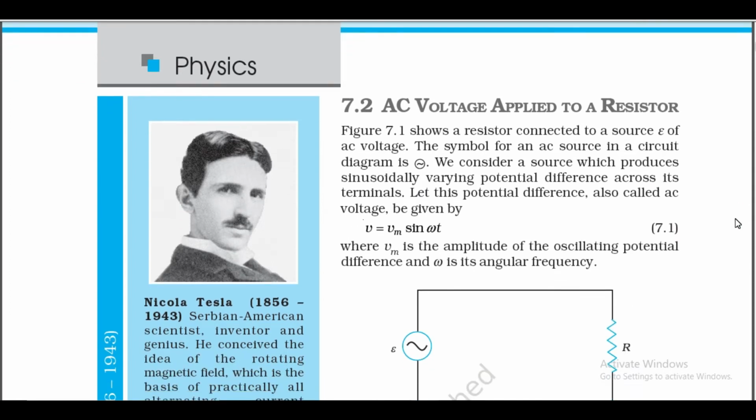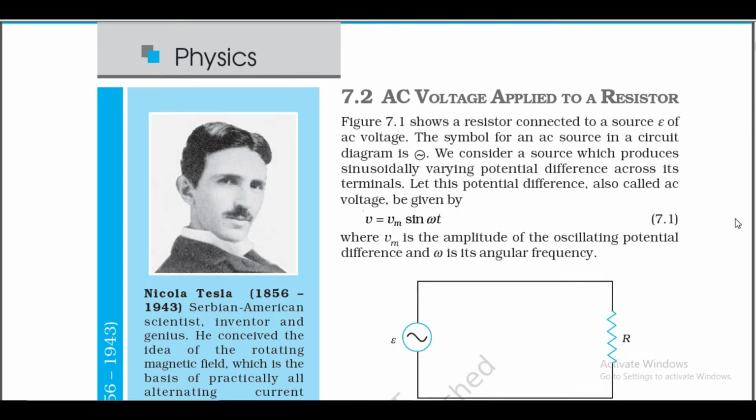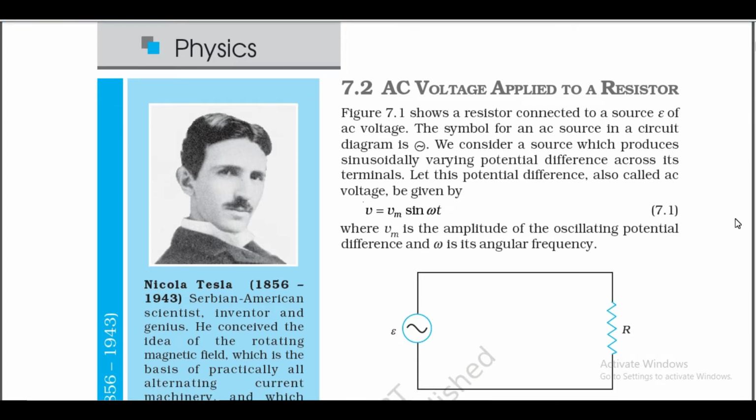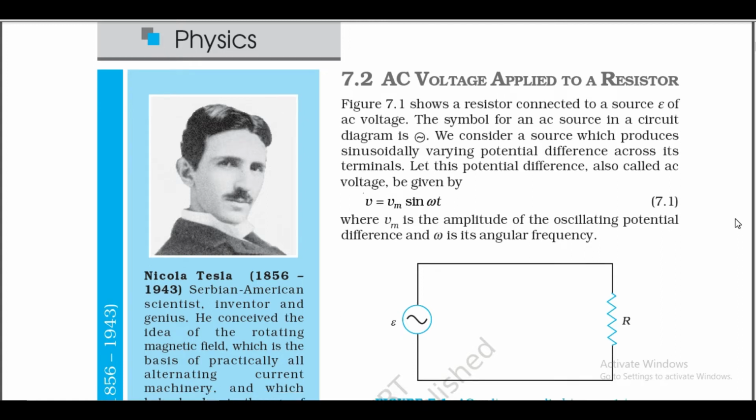7.2 AC voltage applied to a resistor. Figure 7.1 shows a resistor connected to a source epsilon of AC voltage. We consider a source which produces sinusoidally varying potential difference across its terminals.